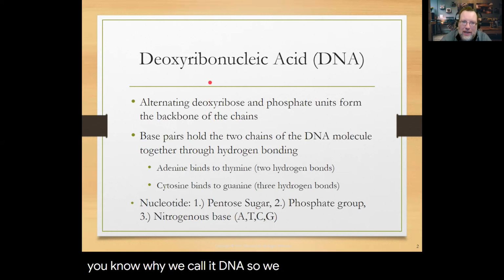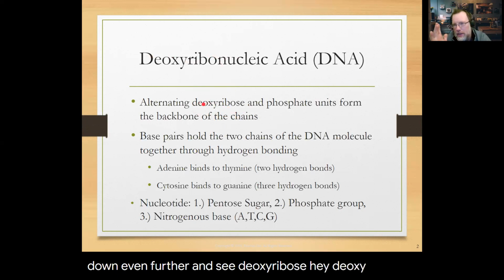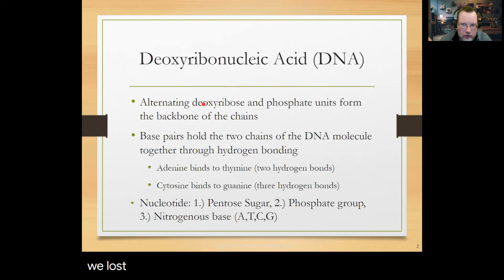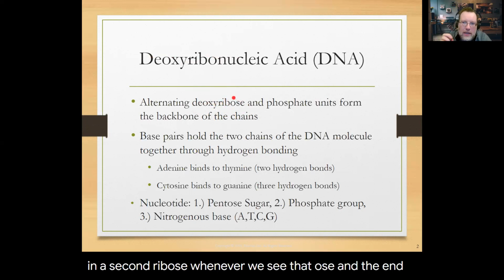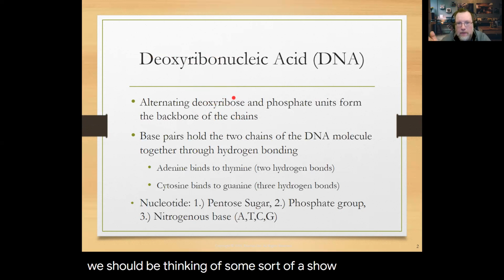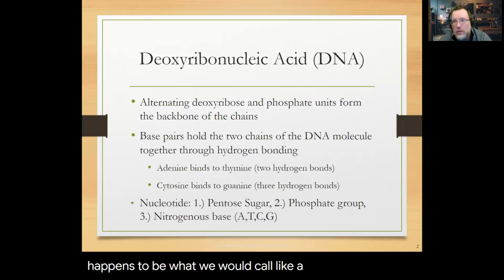So we can break that term down even further and see deoxyribose. Okay, deoxy means we lost an oxygen somewhere. So we'll see that coming up in a second. Ribose, whenever we see that OSE on the end, we should be thinking of some sort of a sugar. So ribose happens to be what we would call a pentose sugar, a 5-sided sugar.